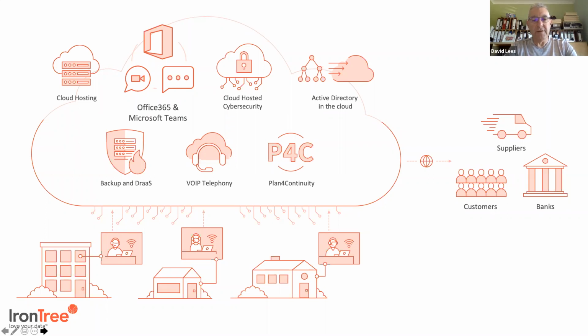The little icons at the bottom are people sitting with a laptop and a headset, connected to the cloud into a voice over IP telephony system, which we use in our office even when we are working in the office. All of those elements make it so that you wouldn't even know whether we're in the office or not.